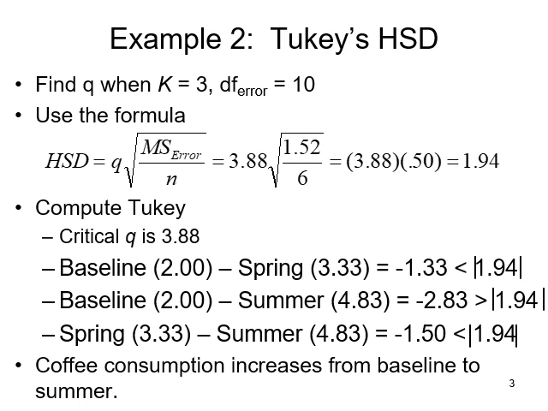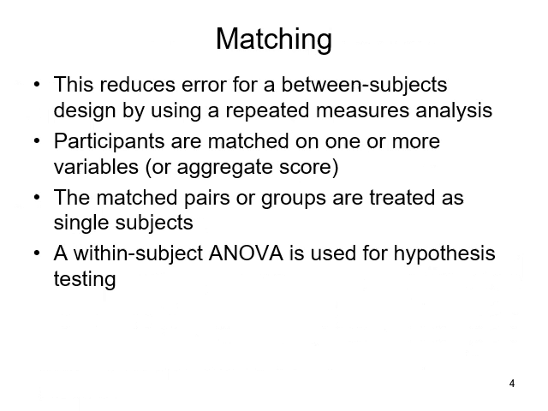The only significant difference in this data set is from baseline to summer, the start to the end, the highest score versus the lowest score. The medium score is statistically not differing from either the lowest or the highest score. So coffee consumption does significantly increase from baseline to summer, but that is the only significant difference that we found.